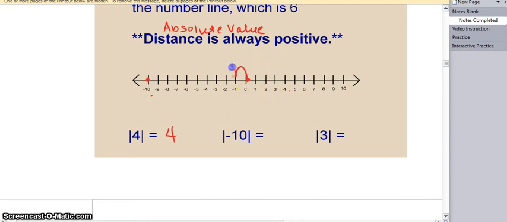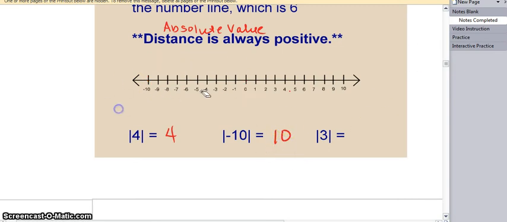The distance is 1, 2, 3, 4, 5, 6, 7, 8, 9, 10. So the distance is 10. Distance is always positive, so even though we're moving over to -10, we're only moving 10 spaces, which is positive.